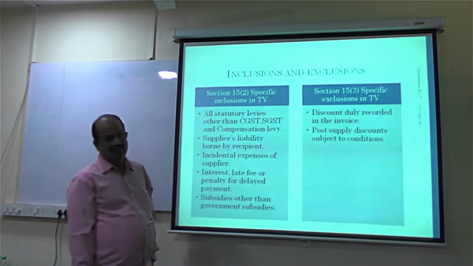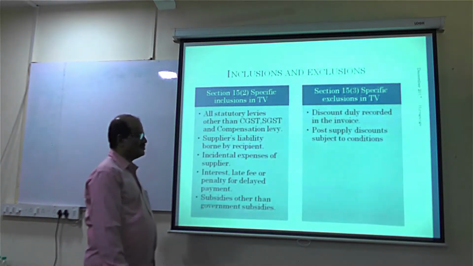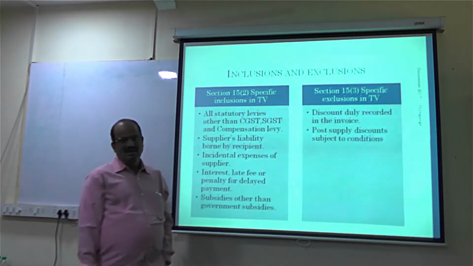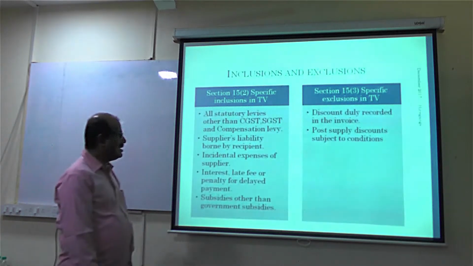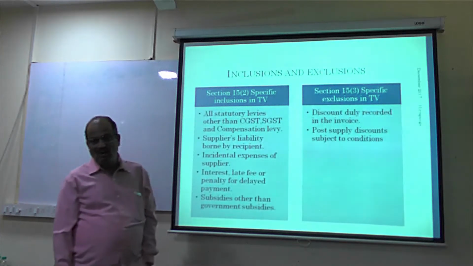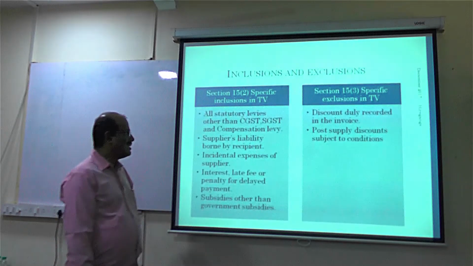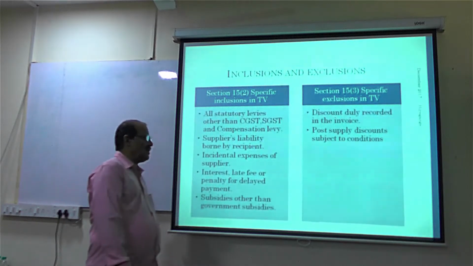Section provides for exclusion of such discounts also, subject to the condition that the availability of discount is known to the recipient as well as the supplier at the time of supply itself.